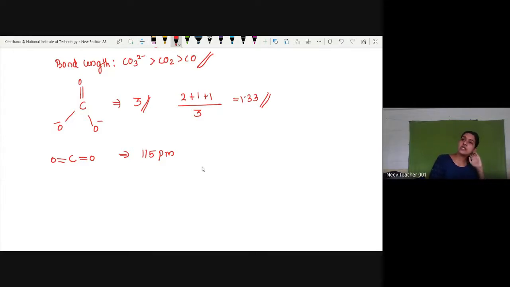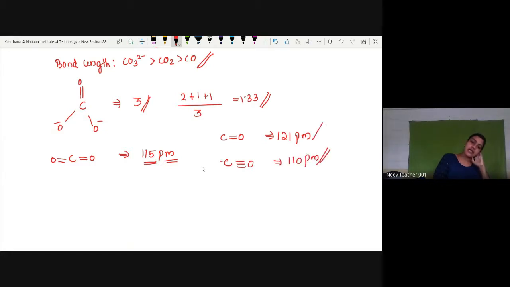But the normal carbon double bond oxygen bond length is 121 picometer, and the carbon triple bond oxygen bond length is 110 picometer.